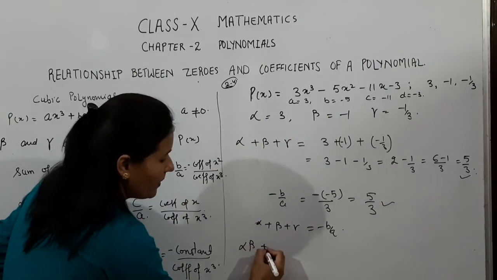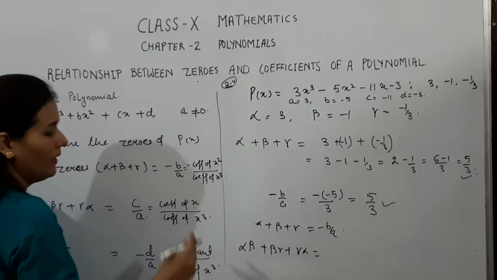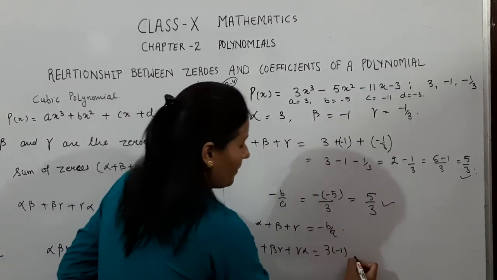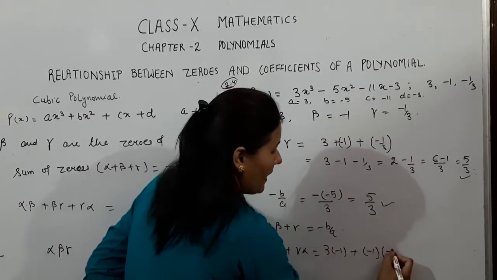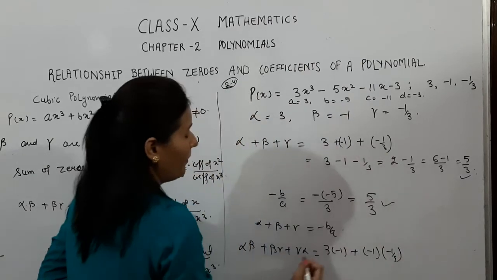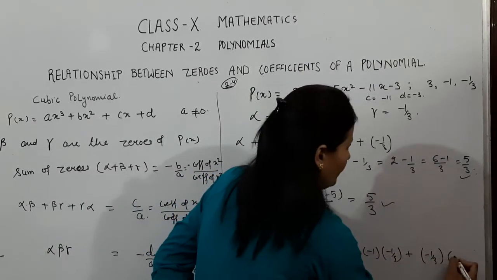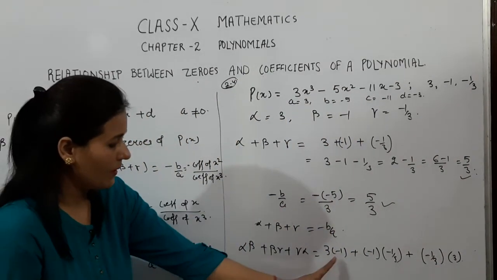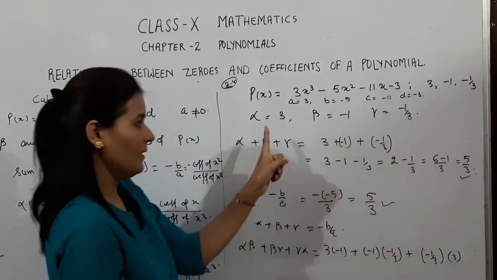Alpha beta plus beta gamma plus gamma alpha. Do the multiplication: 3 into minus 1, plus minus 1 into minus 1 upon 3, plus minus 1 upon 3 into 3. Product of the first two, then the last two, and then first and last.